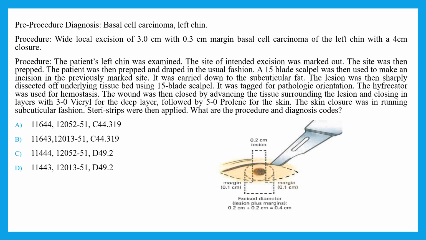We have to add these margins to the lesion excision. For example, 0.2 centimeters is the lesion size, and 0.1 plus 0.1 is the margin, which is 0.2. We need to add both to get the diameter of the full lesion, so 0.4. This is how you need to calculate.